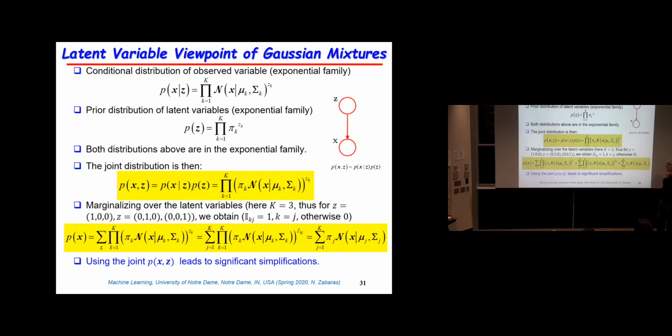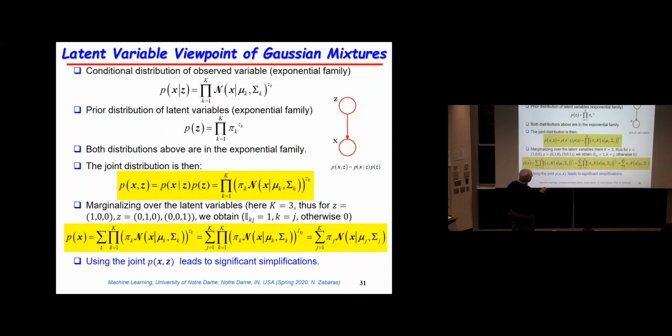So actually, if you have lots of data points, you're going to have a summation over the data points of log of a summation over the possible Gaussians in your model. So this is going to be inside the log. If you take the log of the joint distribution of x and z, do you have log of a summation over the different components?